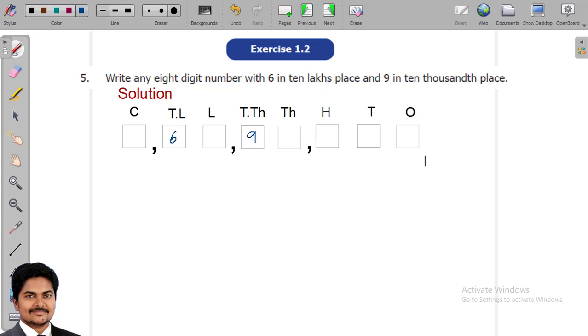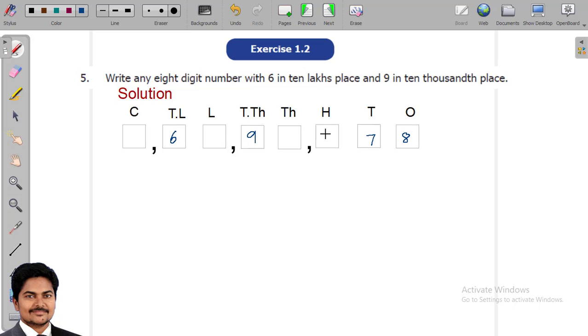We can put any number from 0 to 9 in 1's place. So I am going to put 8 here. In the same way, we can put any number from 0 to 9 in 10's place also. I put 7 here. We can place any number from 0 to 9 in 100's place also.